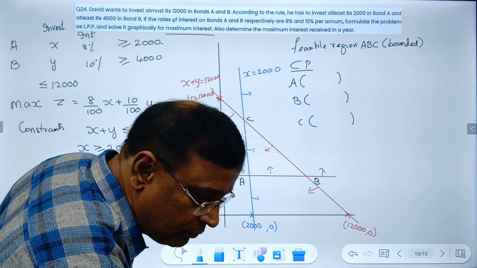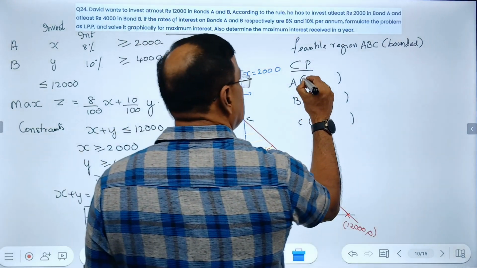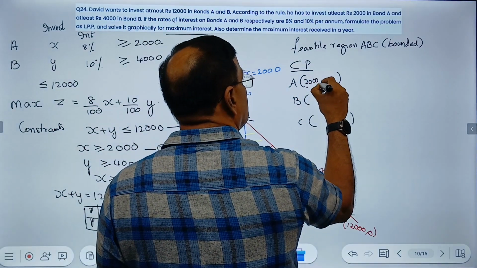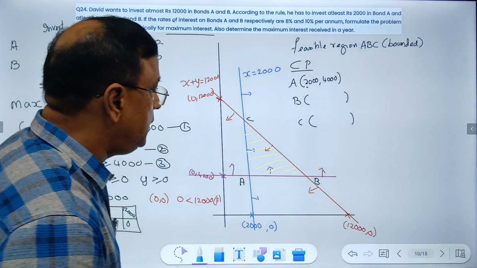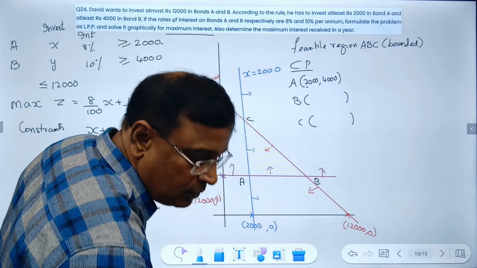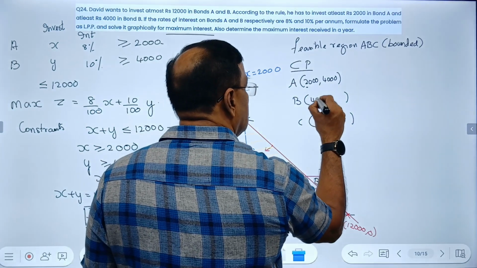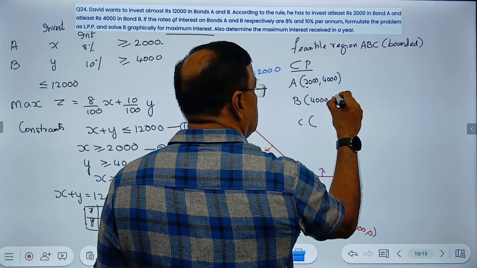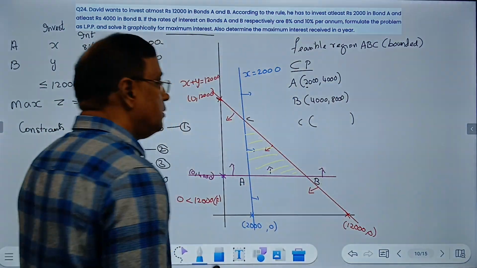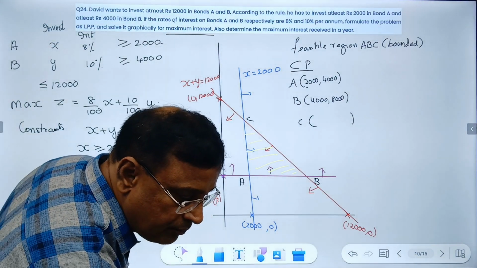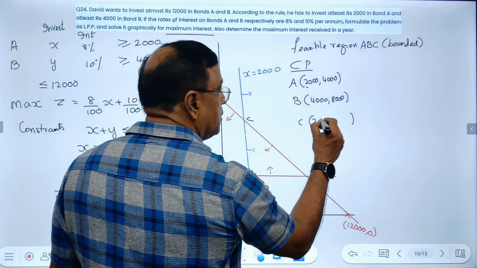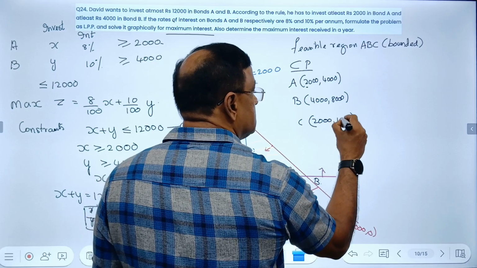I have already found them. A is 2,000, 4,000. B will be 4,000, 8,000. And C is 2,000, 1,000.